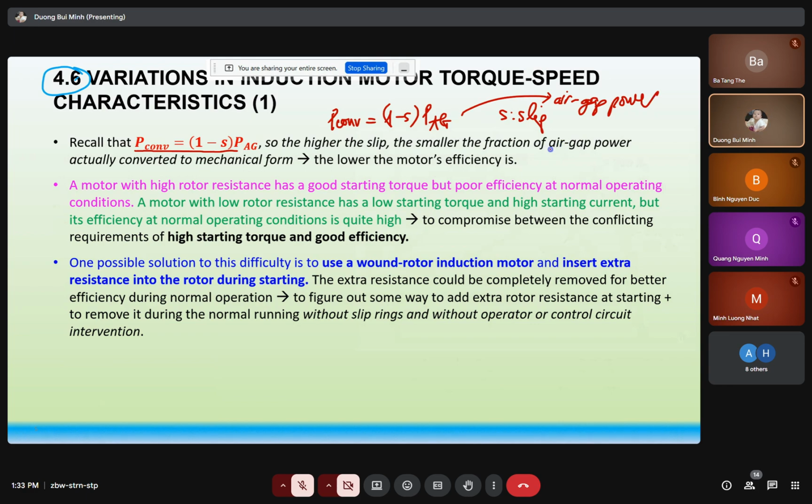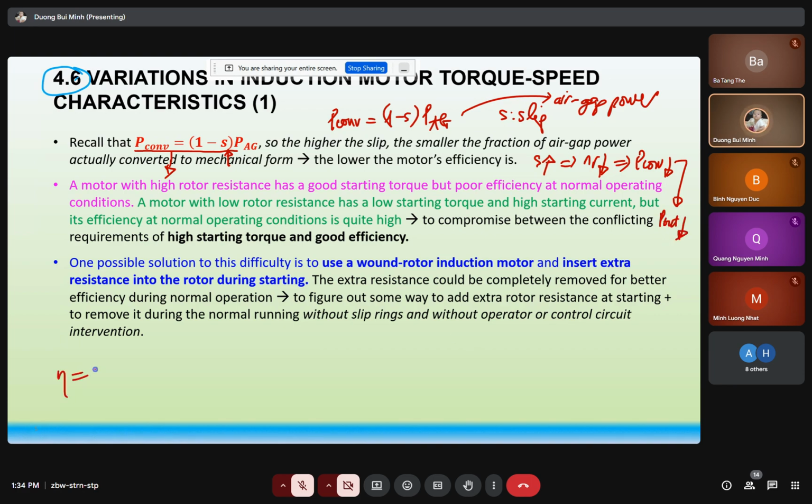If S is higher, that means the rotor speed is lower. The rotor speed lower means converted power is lower. Remember that S higher, so converted power is lower. So if converted power is lower, that means output power is lower.